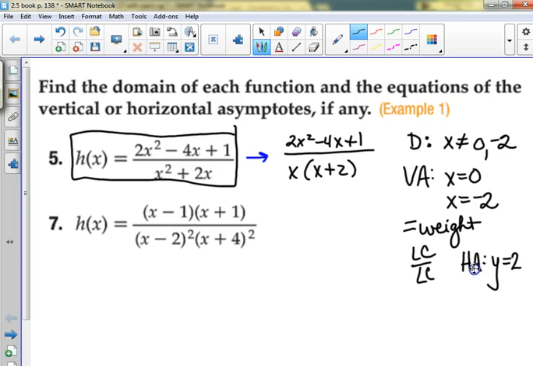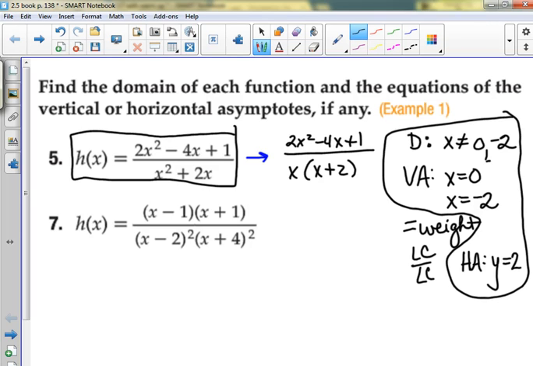Look at your card, guys. Does it say clearly that vertical asymptotes should be x equals and horizontal asymptote should be y equals? Okay. Don't just give me a number. All right, so these are the things that it asks for right in my magical little circle there.